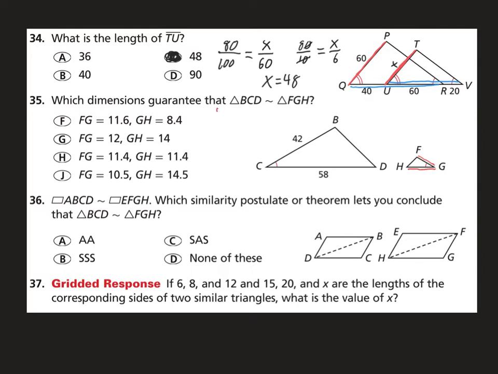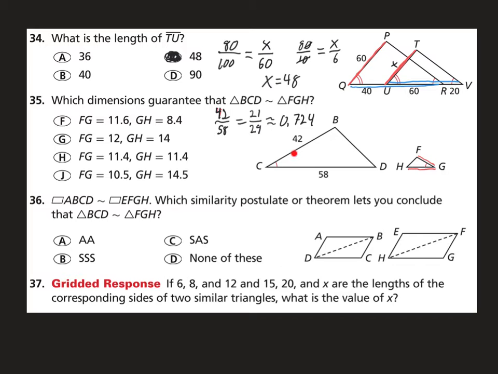So 42 over 58, that's equal to 21 over 29, but I'm going to say that is about equal to 0.724.